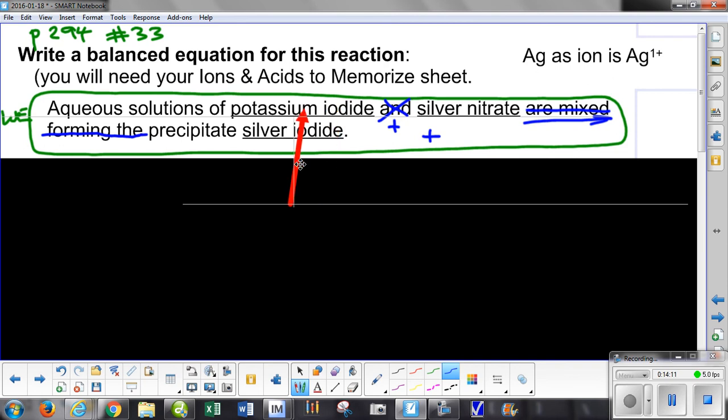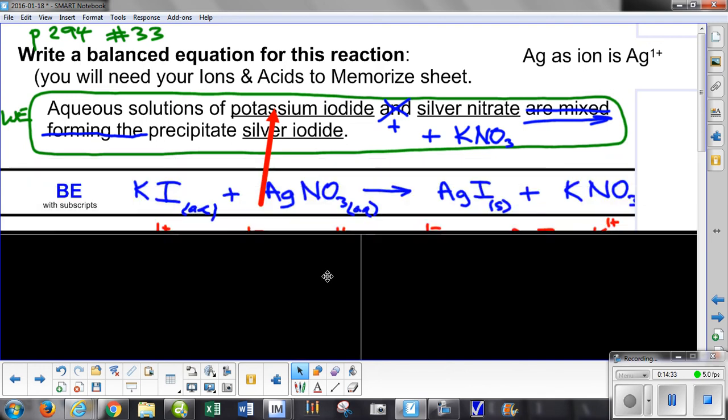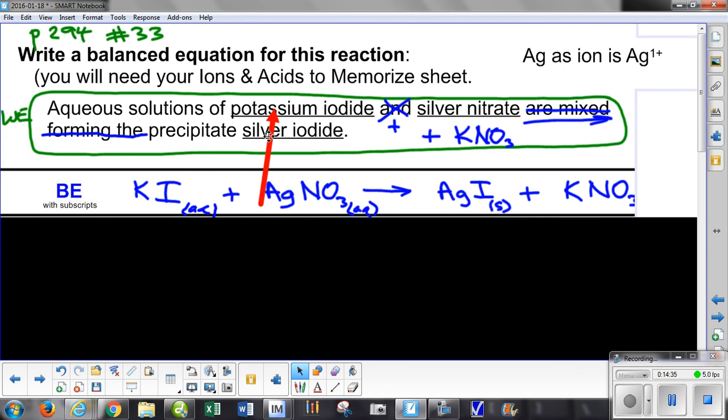So where's the potassium? That's what's going to be over here. Potassium. And what else do we have? Nitrate. Yes, the nitrate. Each of those has a 1+ and a 1- charge, NO3, nitrate, and we're good to go. So I'm going to write it down here as the balanced equation, the BE.